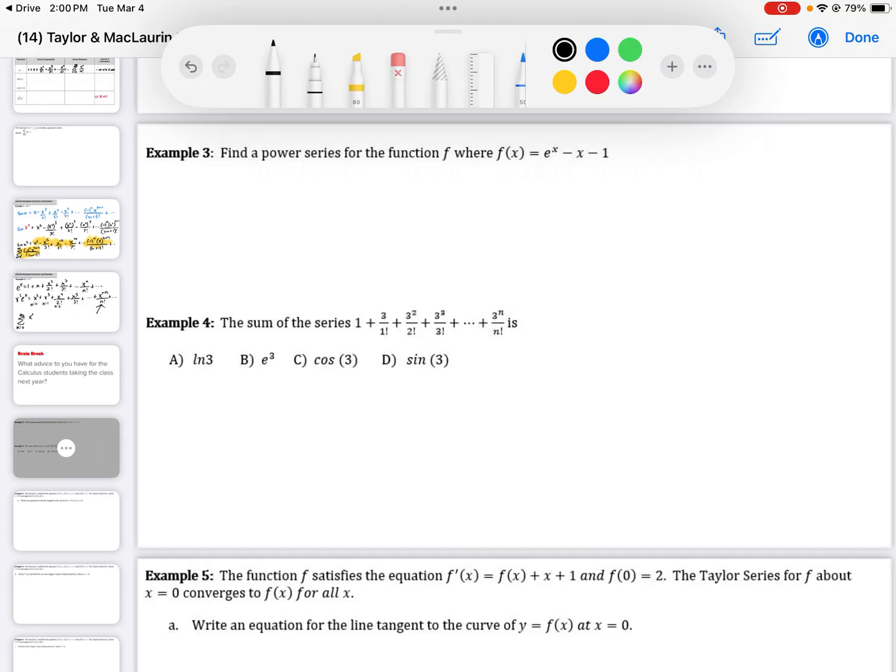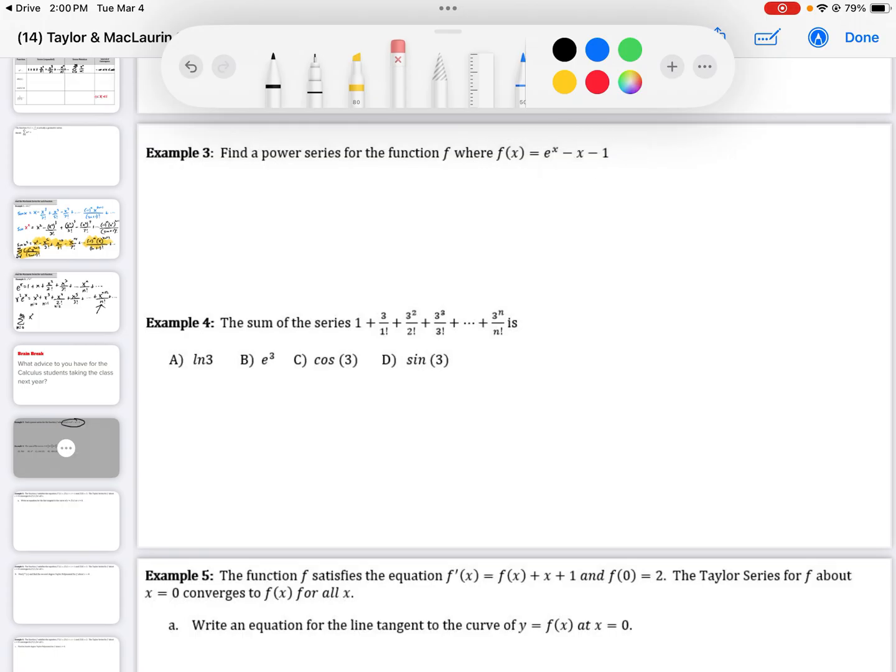Okay, find a power series for the function f, but f is e to the x minus 1. So what I'm going to do, write a power series. So basically write a series with exponents that could represent this.